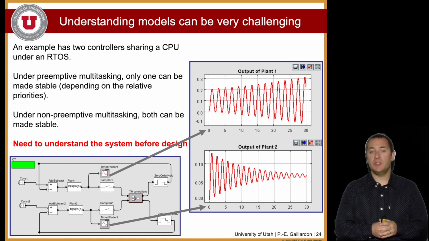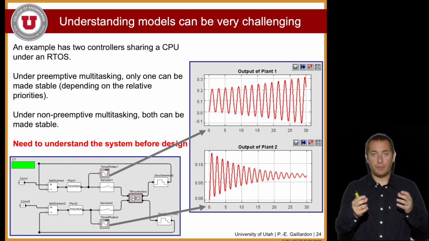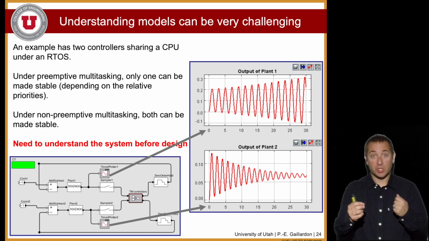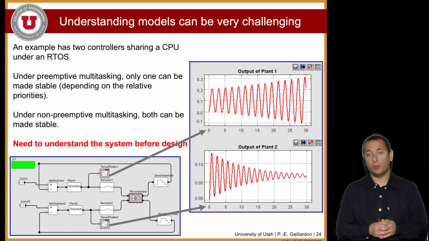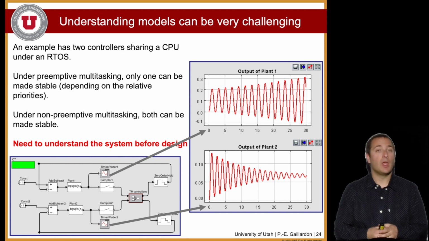Well, if you're using preemptive multitasking, which means that you will have preemption and you will have priorities associated with your different processes, it turns out that there is no way you can make this system fully stable. If you look at the two plots on the right, you will see that plant number 2 is stabilizing, while plant number 1 is diverging.